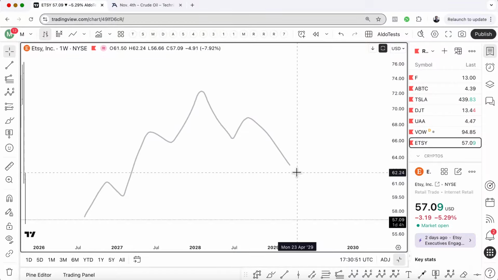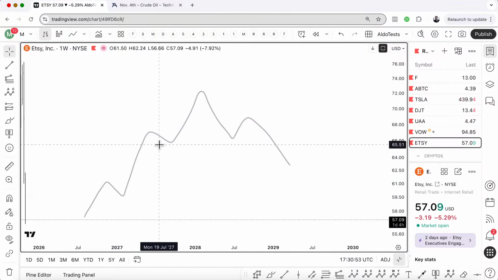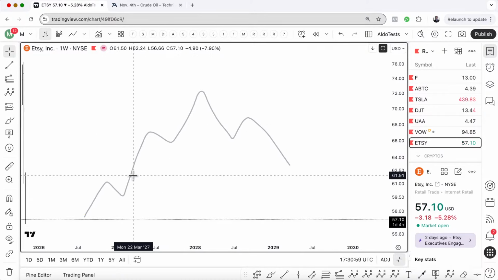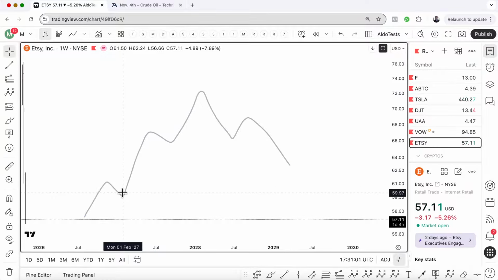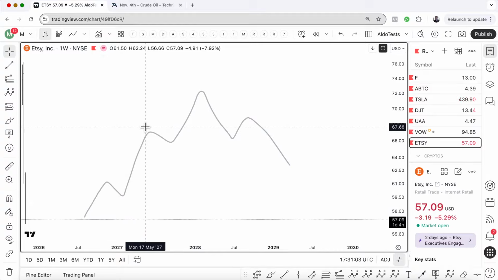So why do we do this? Well, one reason, as I said, is the probability that this is going to work in our favor. And another one is that by the time that wave 3 develops, the trend has been already established.